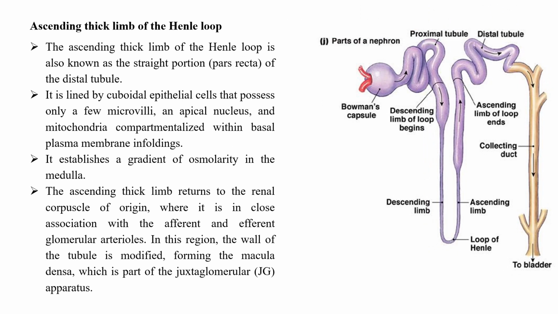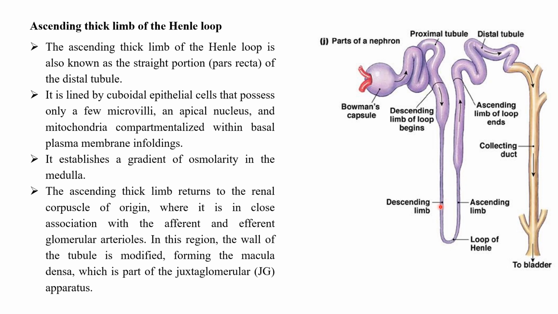Ascending thick limb of the loop of Henle. The ascending thick limb of the loop of Henle is also known as the straight portion, pars recta, of the distal tubule. It is lined by cuboidal epithelial cells that possess only a few microvilli, an apical nucleus, and mitochondria compartmentalized within the basal plasma membrane infoldings.